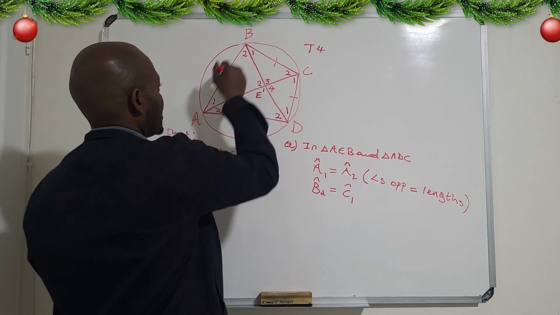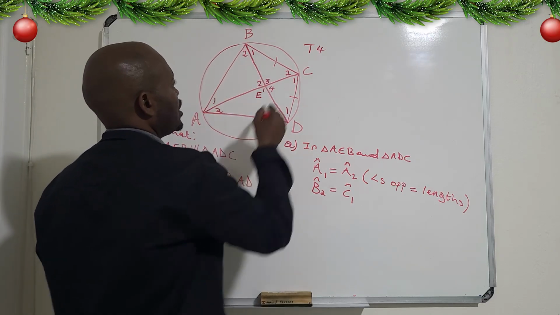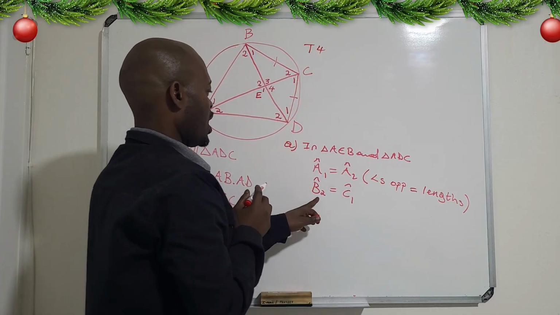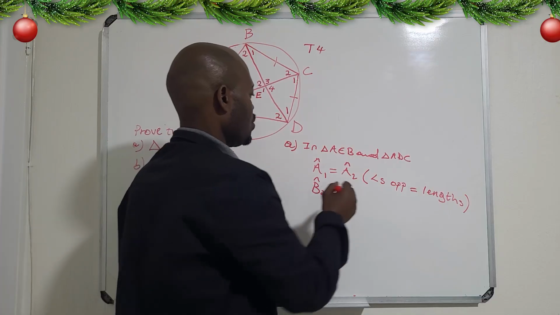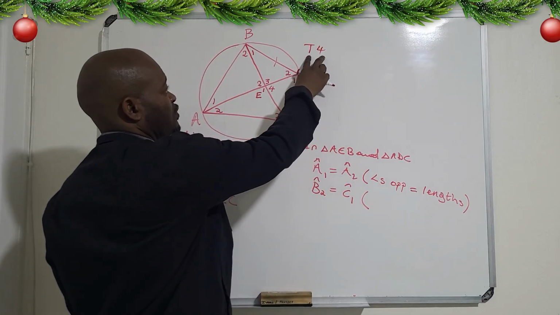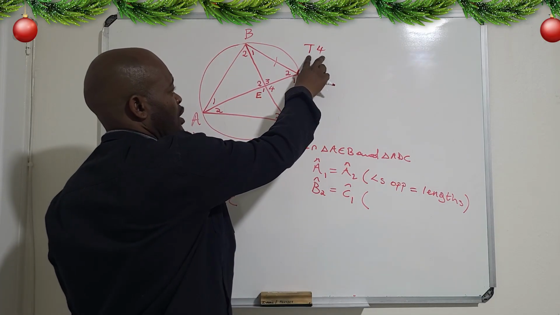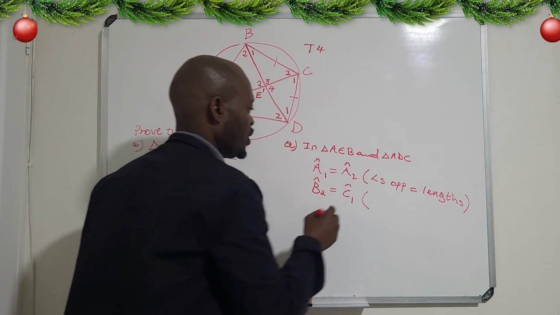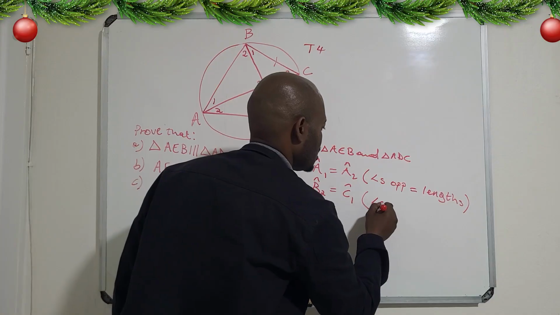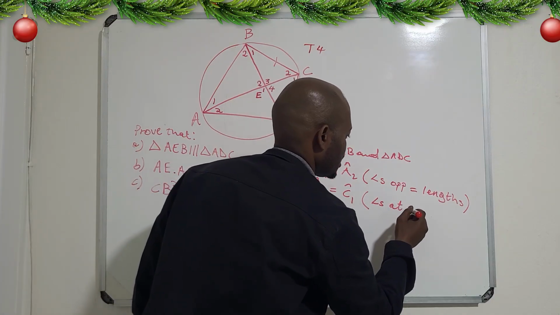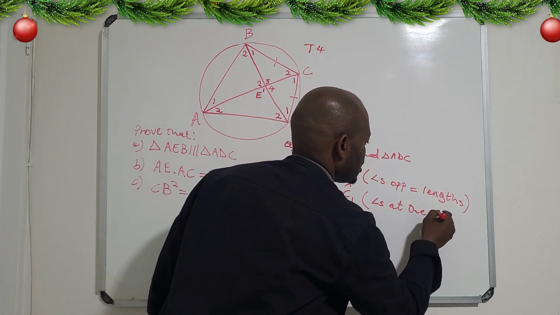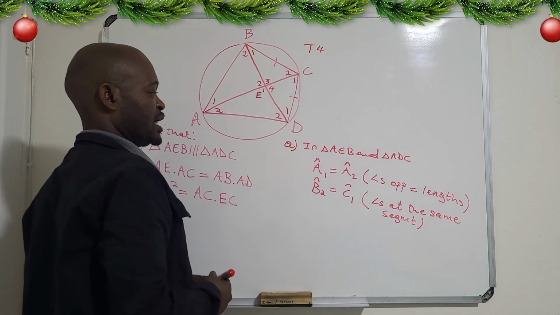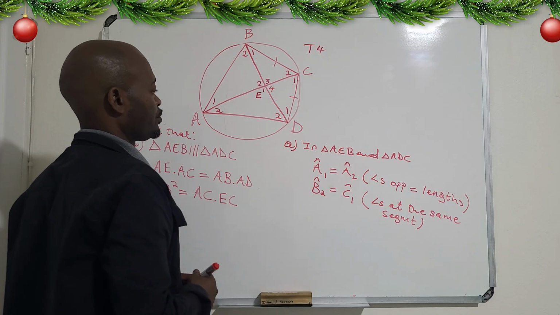Therefore, this angle is in this triangle, and angle C1 is in this triangle. Therefore, angle B2 is equal to angle C1. We've just said it, that we've got theorem number 4 from grade 11, which is part 2. Then we know that angles at the same segment are equal.